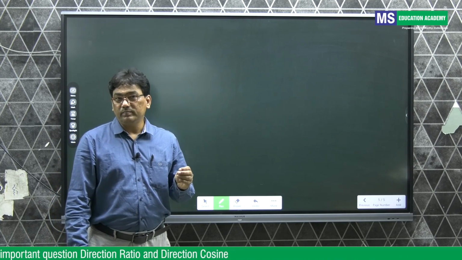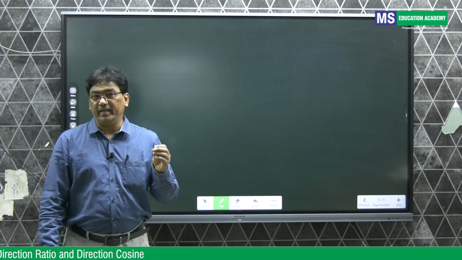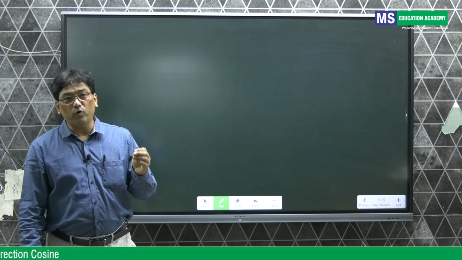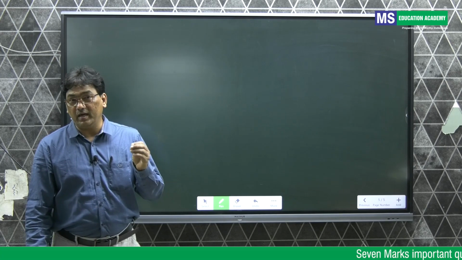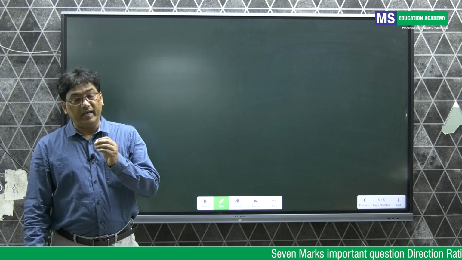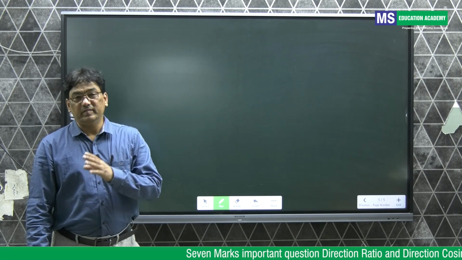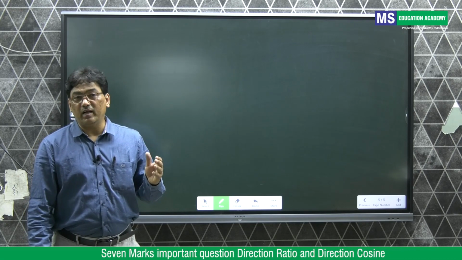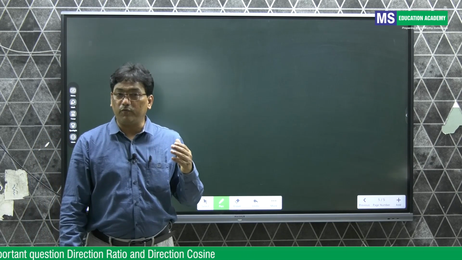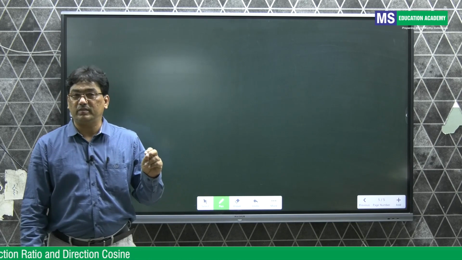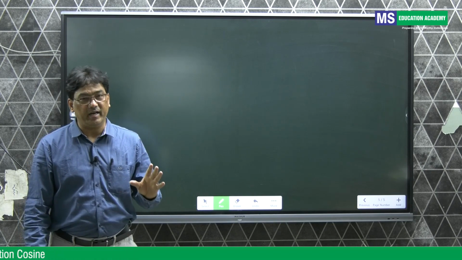One more problem: all four diagonals in a cube make angles alpha, beta, gamma, delta with another line. Then show that cos square alpha plus cos square beta plus cos square gamma plus cos square delta equals 4 by 3. These two problems are very easy to practice and write.